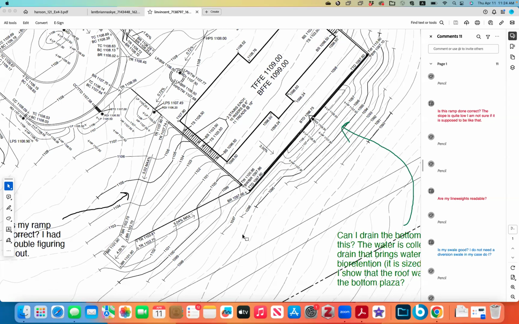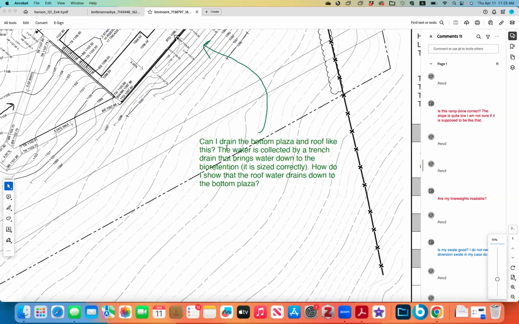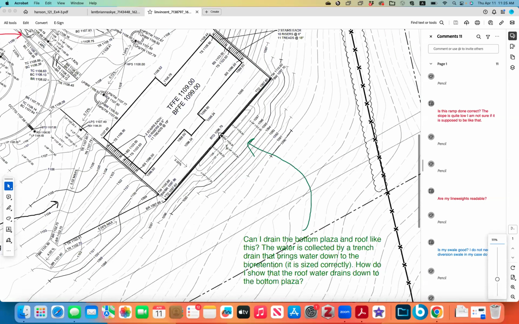Next question. Can I drain the bottom plaza and roof like this? Yeah, you can. The trench is going all down in this direction, concentrating to the middle. That's fine.